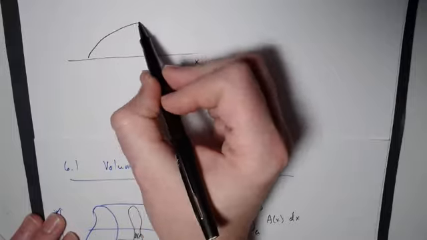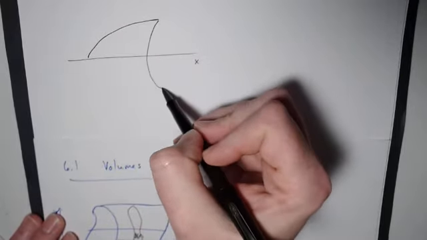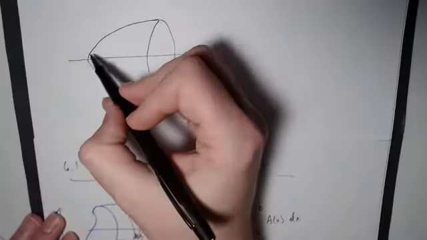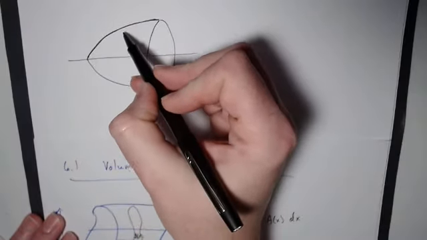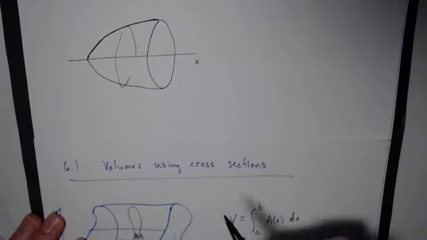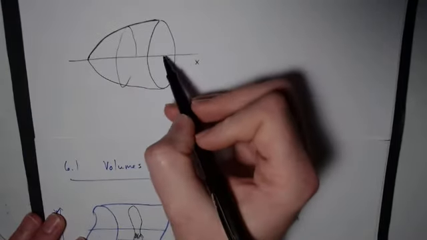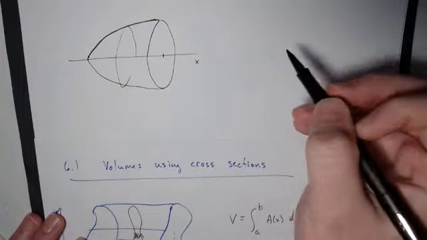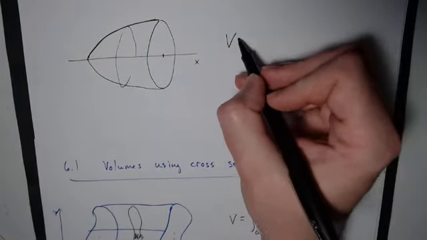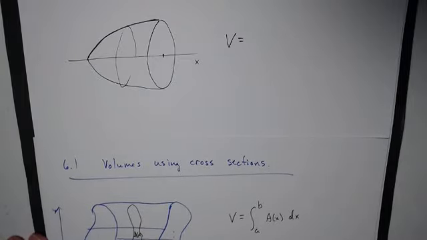If I take something like this parabolic curve and rotate it around the x-axis, so I start with this curve and then I rotate it all the way around, then that would be a solid of revolution. And if I wanted to find the volume of this thing, that definitely fits the pattern. I can use cross sections.